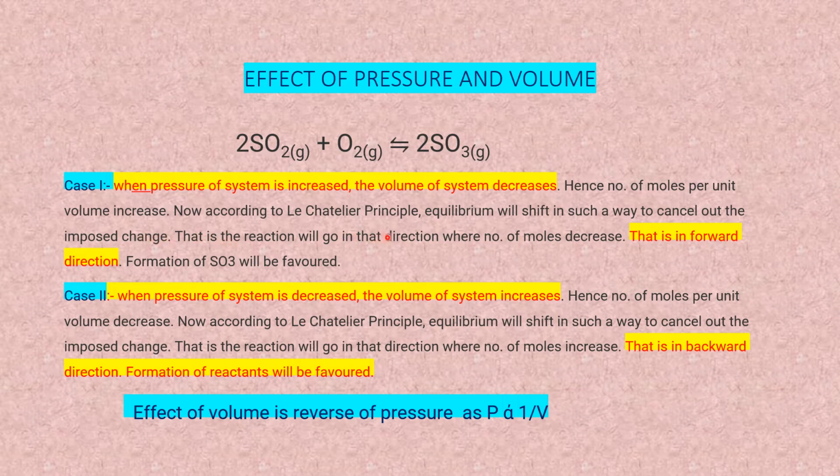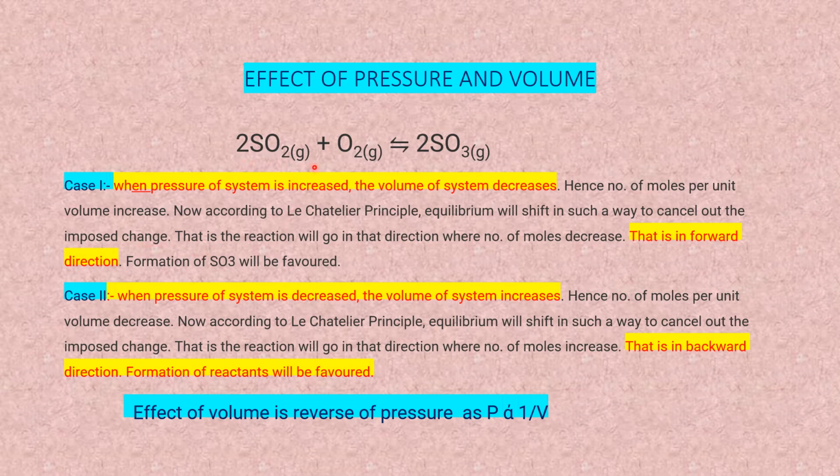So according to Le Chatelier's principle, the equilibrium will shift in such a way to cancel out the imposed change, to cancel out the increase in the pressure. That is, to cancel out the number of moles per unit volume which are increased. That is, the reaction will move in such a way to decrease the number of moles.